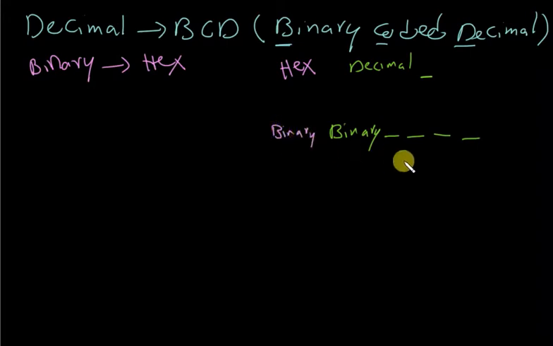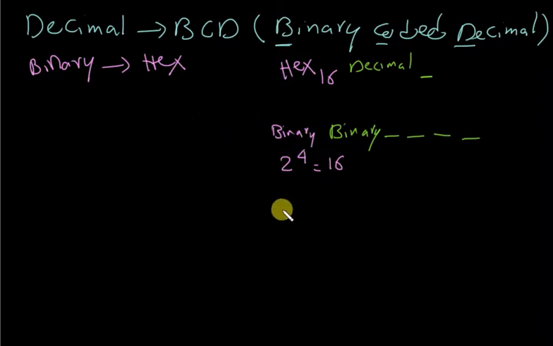The reason for that is we had 2 to the power of 4, which is equal to 16, and hex is actually base 16, so this makes perfect sense to use 4 binary digits for a hexadecimal number. And for that reason we can add, subtract, multiply, or divide with hexadecimal numbers which are converted to binary.